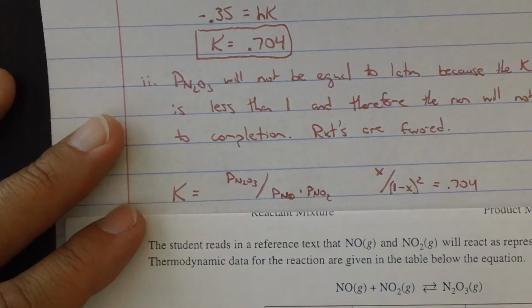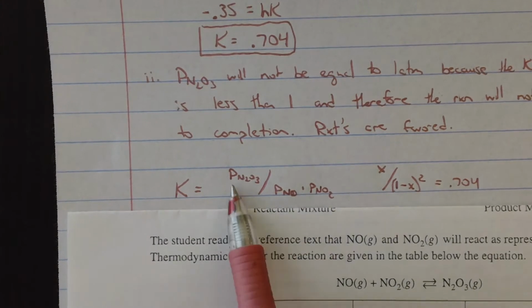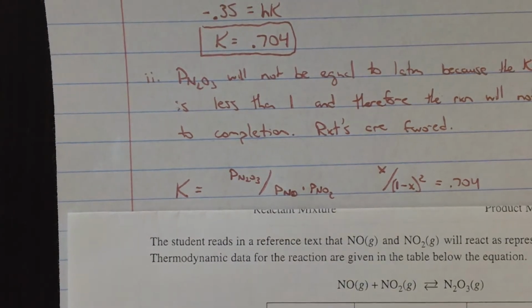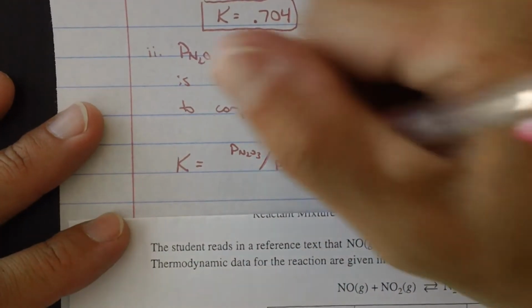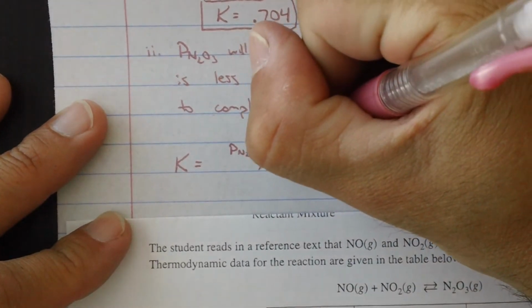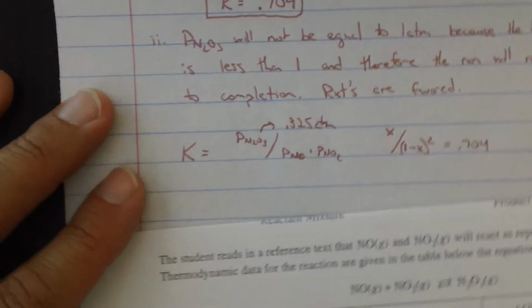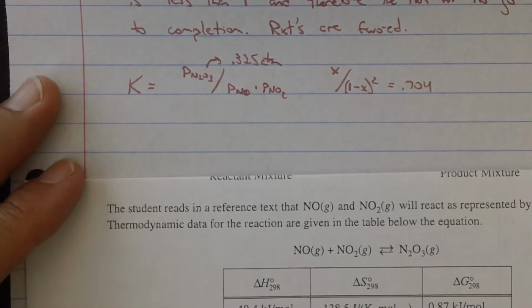And you can actually calculate what X is there because we know the K value, and you could figure out what the pressure of N2O3 would be at equilibrium. But you don't need to. The answer, by the way, the pressure of N2O3 at equilibrium is 0.325 atmospheres, just so if you get really excited and want to do it.